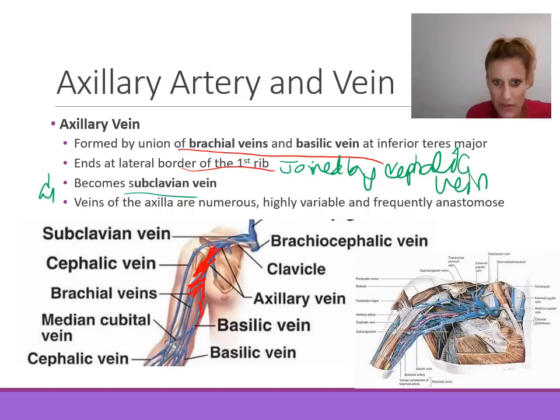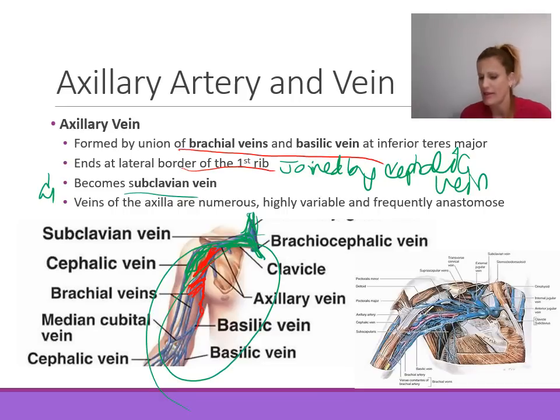And you can see that here, the cephalic vein, which was coming up the thumb side, merges, and then the axillary vein becomes the subclavian vein. Right, you see here's the internal jugular coming down. They merge and become the brachiocephalic. This is a very simplified version that allows us to see the major veins merging.